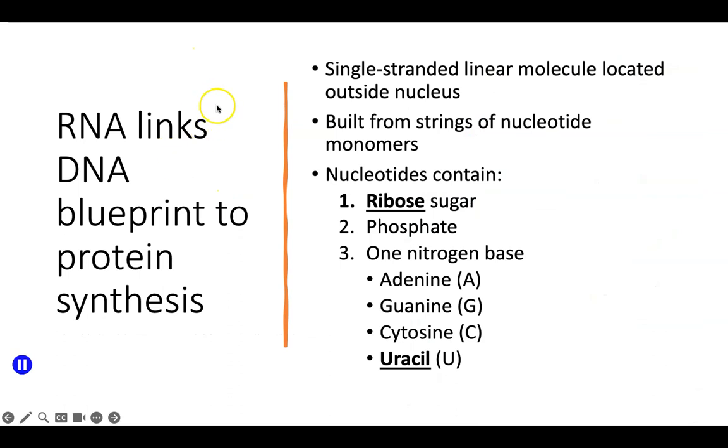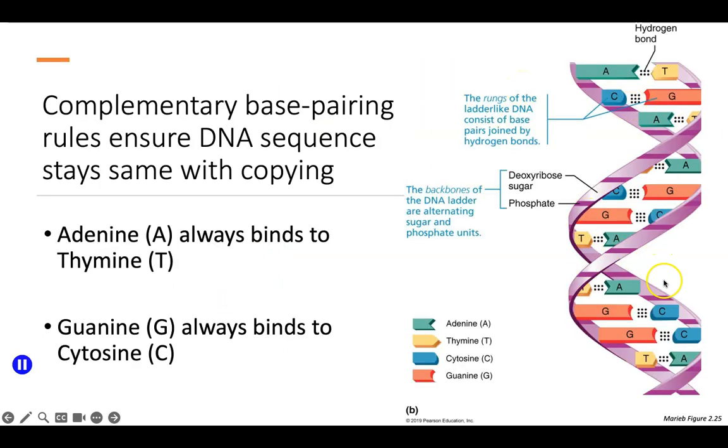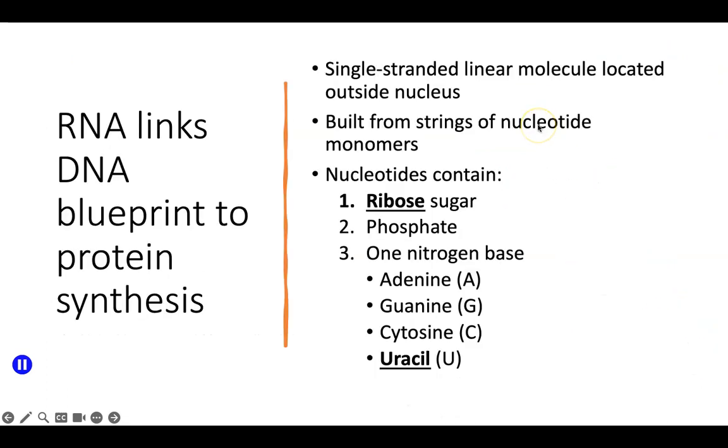RNA, as I've mentioned, is going to link the DNA blueprint to protein synthesis. So RNA is just single-stranded, so instead of having this double helix with two strands, RNA will just include one strand of nucleic acid. It's built from, again, the strings of nucleotide monomers, just like in the last slide. The big difference here, you still see phosphate and you still see a sugar.